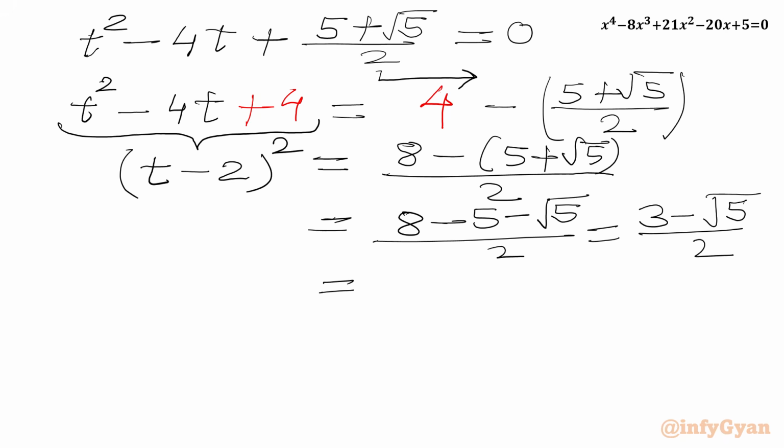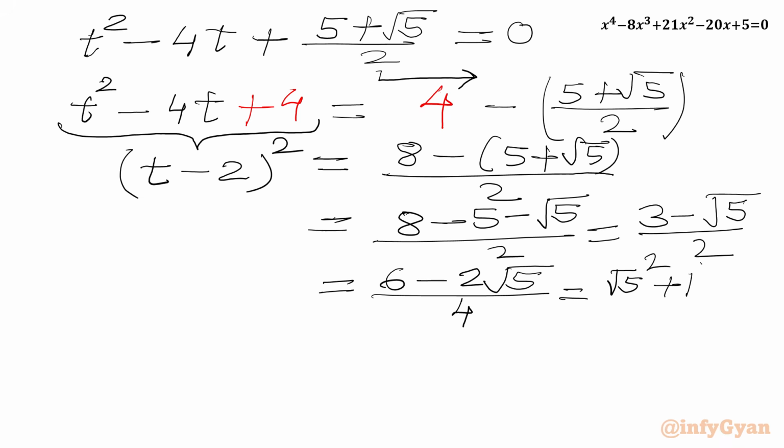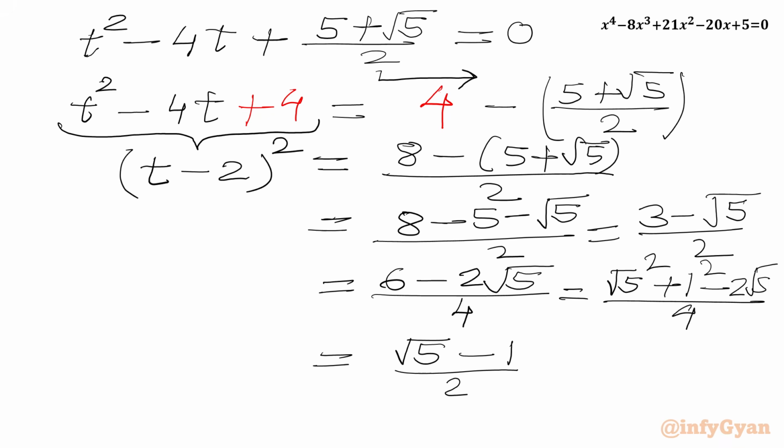Now we will multiply numerator and denominator by 2 and write (6 minus 2 times root 5) over 4. Now 6 is root 5 square plus 1 square. This is (6 minus 2 square root 5) over 4. Now the numerator is (root 5 minus 1) whole square and the denominator is 2 square. So let us write (root 5 minus 1) over 2 whole square as our right hand side.